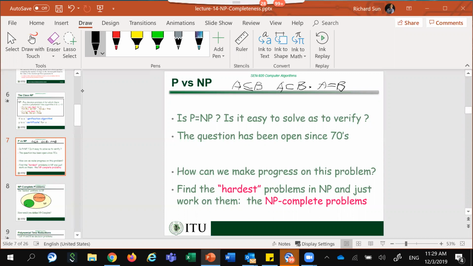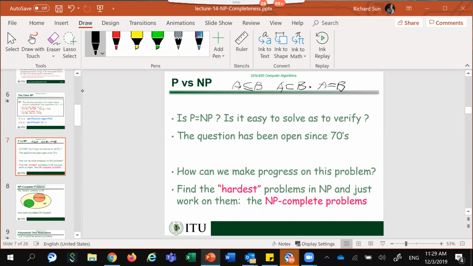We just realized that P must be in NP because solvable must be verifiable. But is P equal to NP? That's the question: is it a proper subset or is it equal? Equivalently, you're asking, is it as easy to solve as to verify?